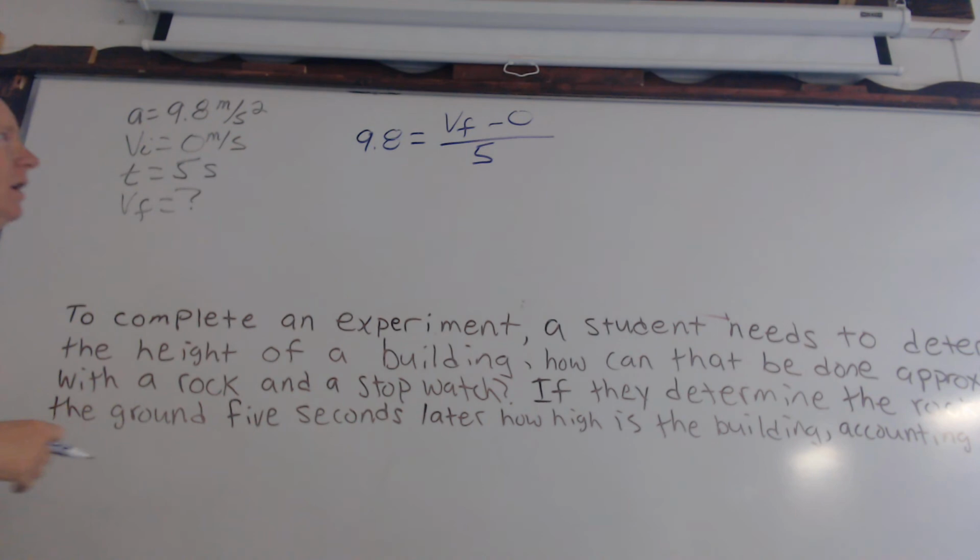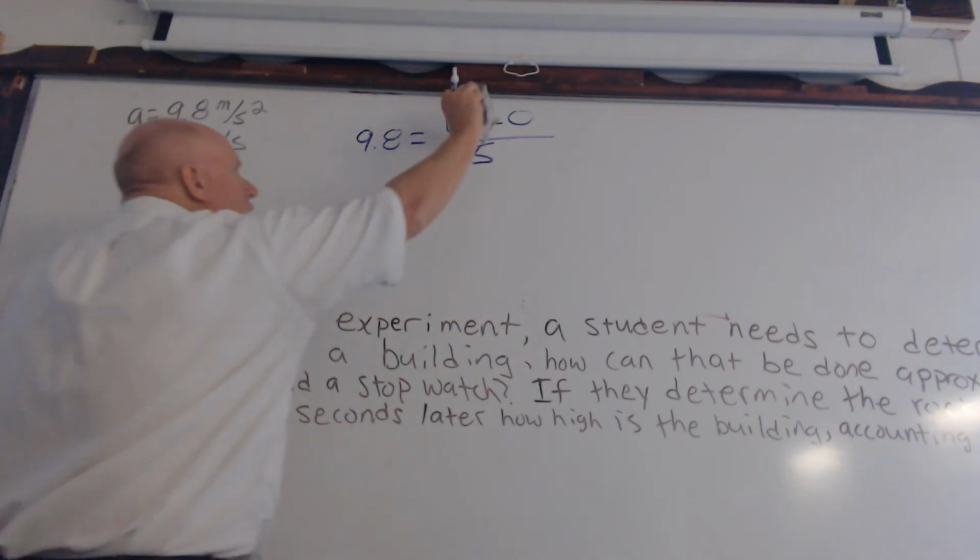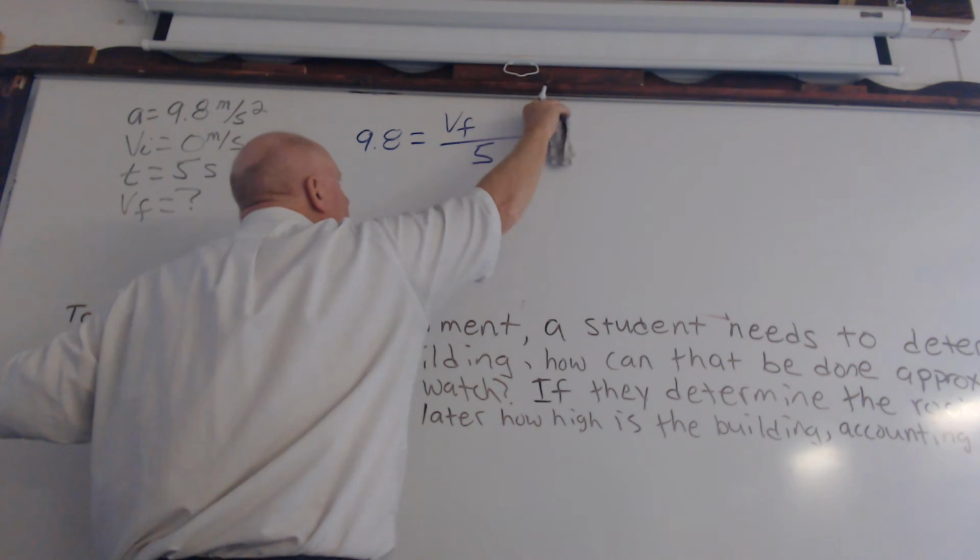Any value subtracted by 0, whether from a variable or a number, just gives you the same value. So we've accounted for our initial velocity, so you could even erase that if you wanted to.